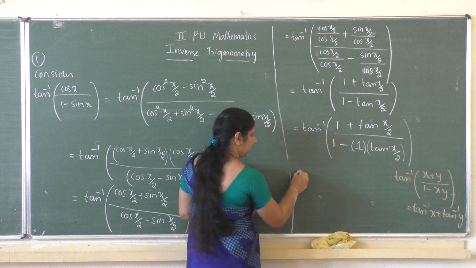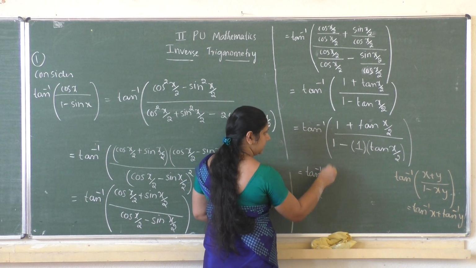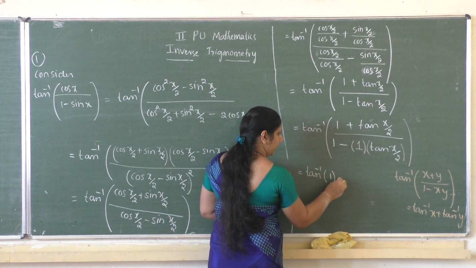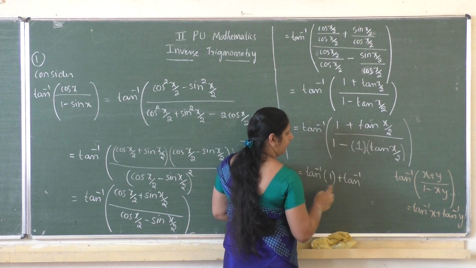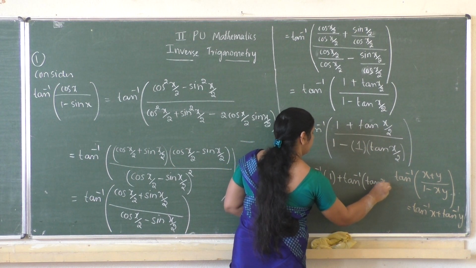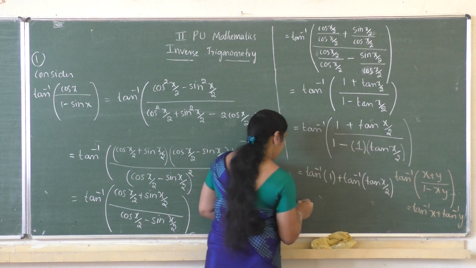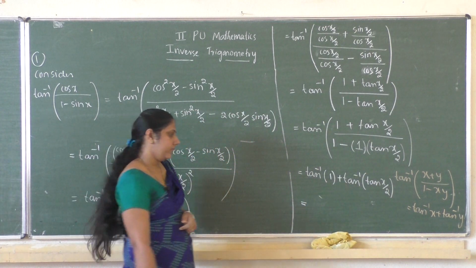So this term can be written as tan inverse of x, what is x? 1, plus tan inverse of, in the place of y we have tan x by 2.